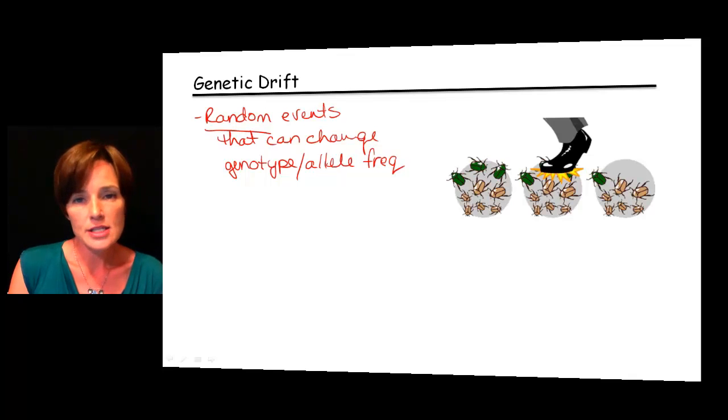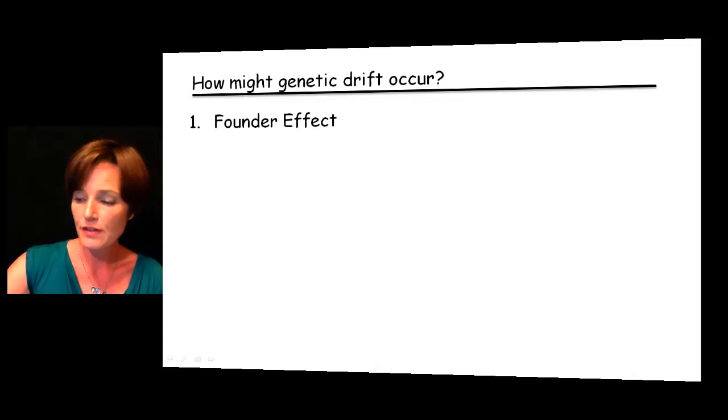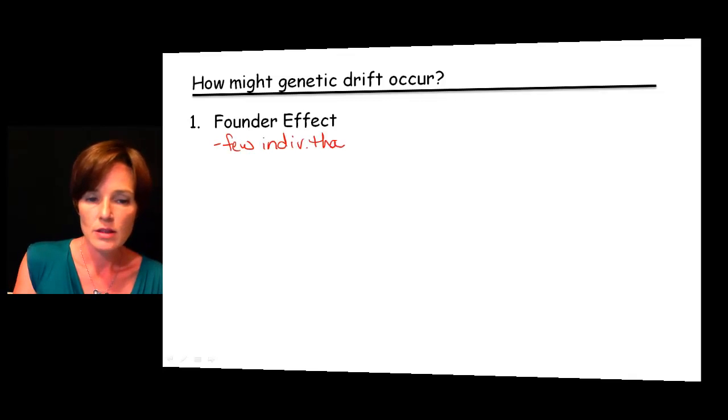If we take a look at some of the more popular examples of how we can get genetic drift, the first one is what we call the founder effect. The founder effect is something that takes place when you have a few individuals that found a new location.